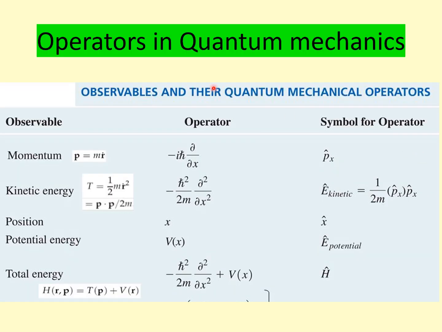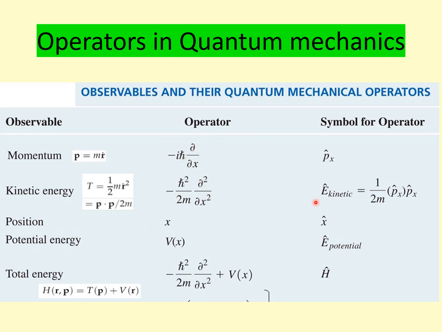So here are some important operators in quantum mechanics. First the momentum operator, denoted by the symbol p x cap, equal to minus i h bar delta by delta x. So this is the momentum operator.